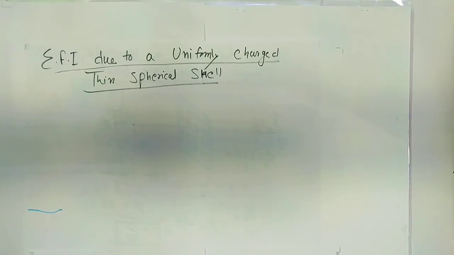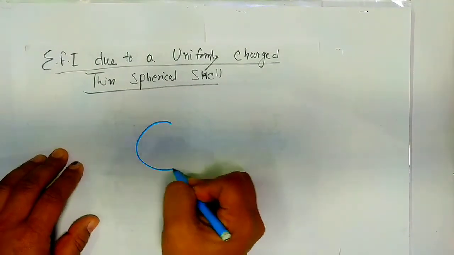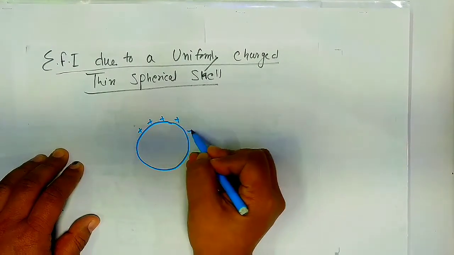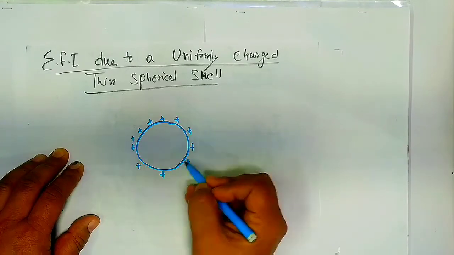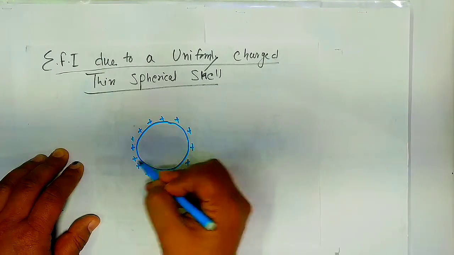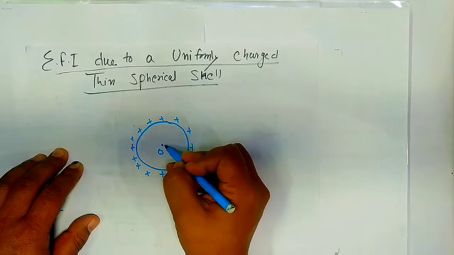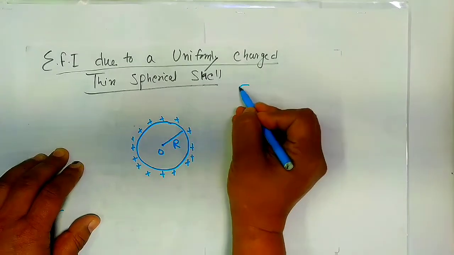So we are going to take a spherical shell here. Say this is a charged spherical shell with a charge on it. It will have radial symmetry like a point charge. This is the center, and say the radius of the sphere is R. Again, what is sigma?